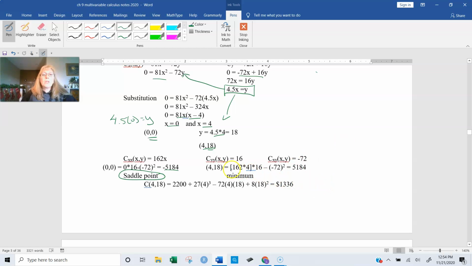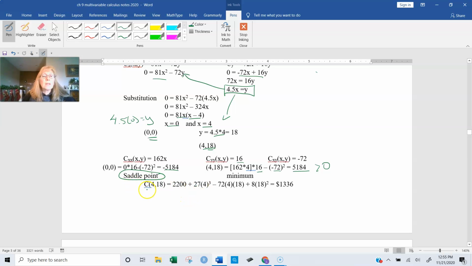So now we have to do f of double y. So we get 4, 18 is what we're checking. So we do 162 times 4 plus 16 minus negative 72 squared. We get 5,184. All right, greater than 0, we have to check our f of x.